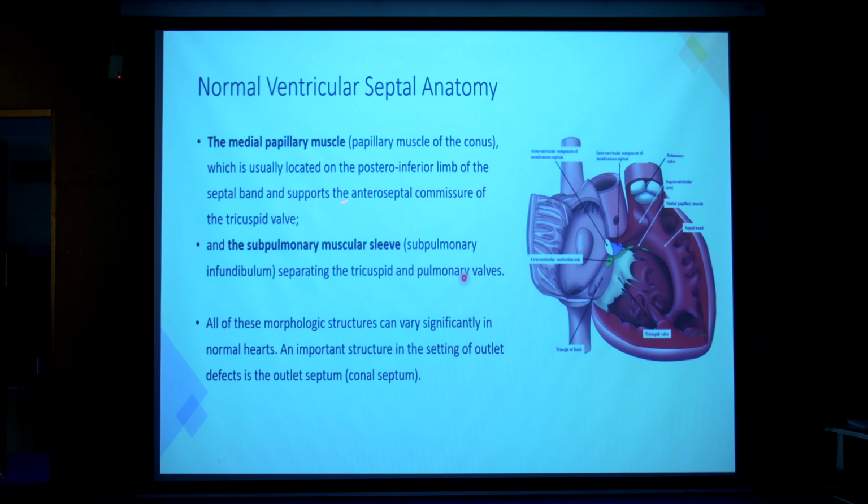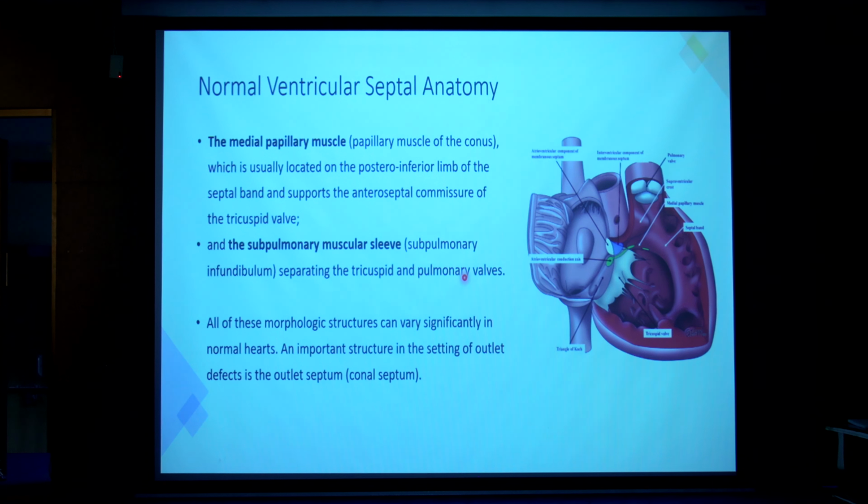The medial papillary muscle, usually located on the posterior inferior limb of the septal band, supports the anteroseptal commissure; it gives rise to chordae which support the anteroseptal commissure. Then you have the subpulmonary sleeve, which separates the pulmonary valve from the tricuspid valve.